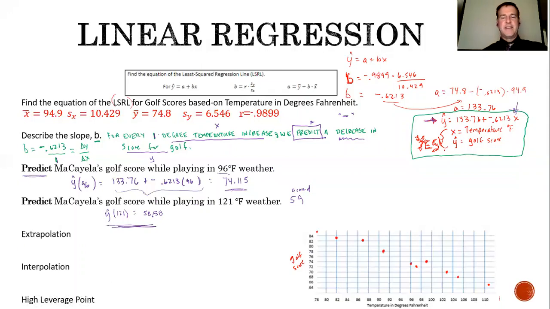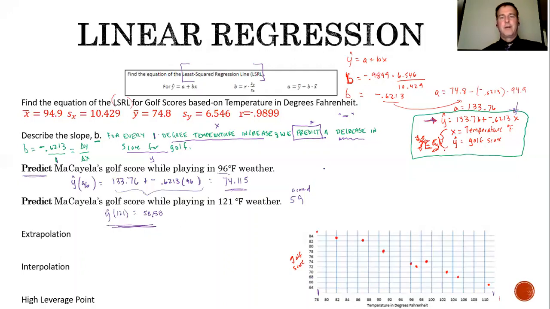All right, extrapolation. Here's the deal. Your prediction line is valid. Your least squares regression line, which is what I see up here, I'm putting it in this little box, is only valid for the domain of the points that you had in your problem. Meaning, I can only use prediction equations for values from 78, which I'm showing here at the bottom of my graph, to 111.